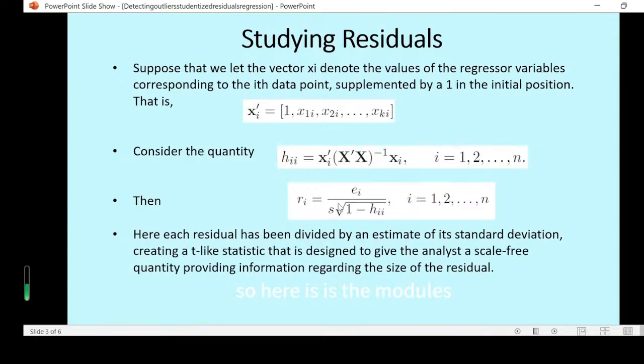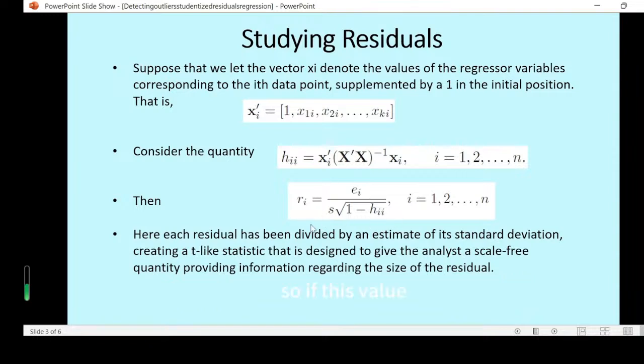So here is the sum of squared errors divided by n minus k minus 2, where k is the number of parameters. Then take a square root. So this is S. Then here we fill in hii, then 1 minus hii, then take a square root. So this part is called the studentized residual.